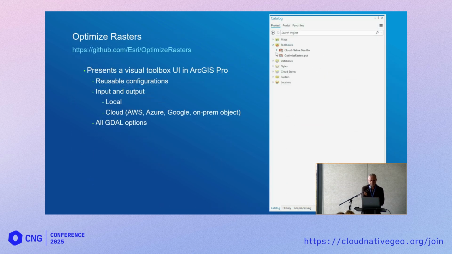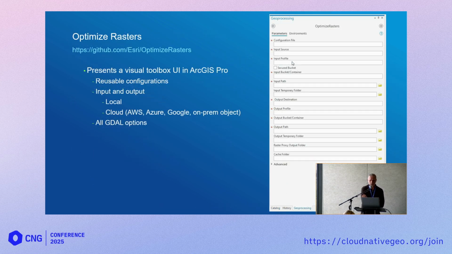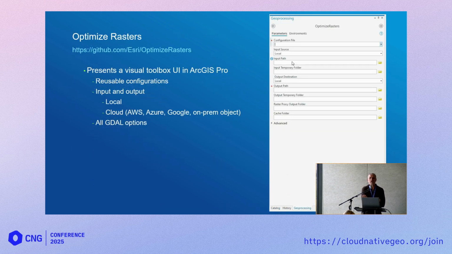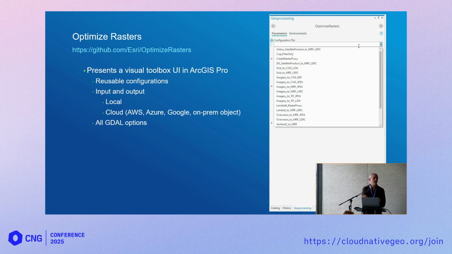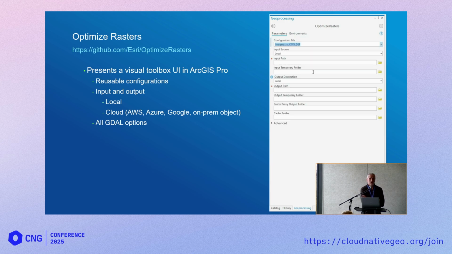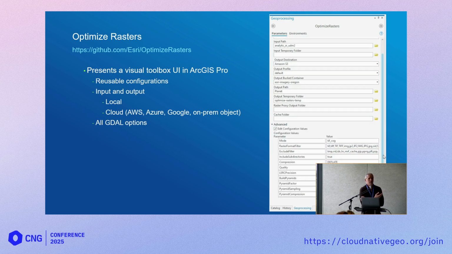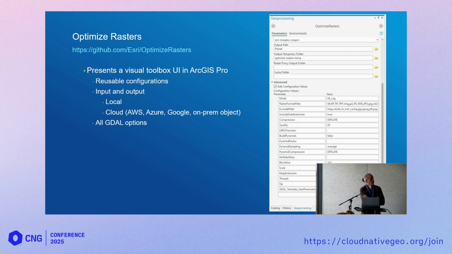And then we've got a fully open one that's leveraging GDAL. It's called Optimize Rasters, and it is fully scriptable. You can run it here like I'm demonstrating in the GUI, where you get the ability to just configure the source and the destination. They can be local or cloud on either side.